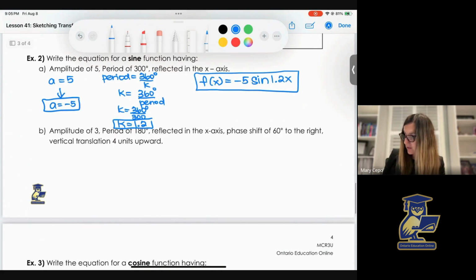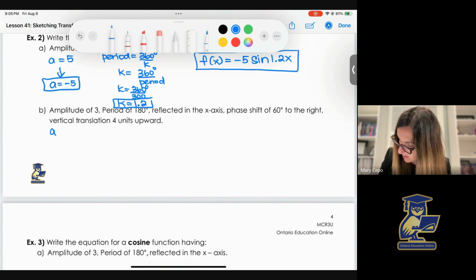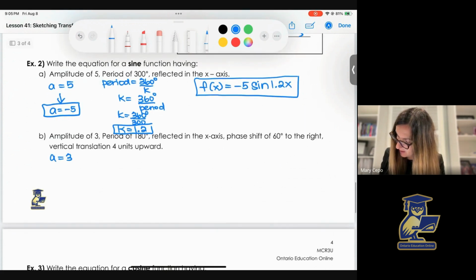Okay, so you're taking the information given and deciding, does the equation have an A, K, D, or C? So we have an amplitude of 3. So A is equal to 3. The period is 180. So if that's the case, K is always equal to 360 divided by period. Well, the period is 180. So 360 divided by 180, k is equal to 2.